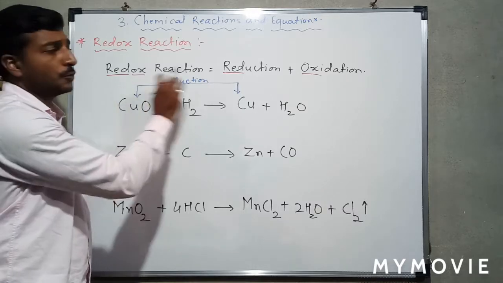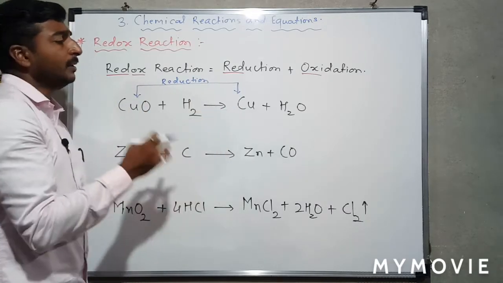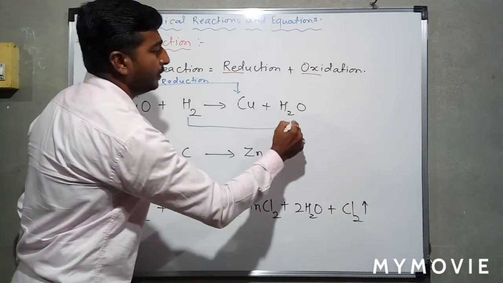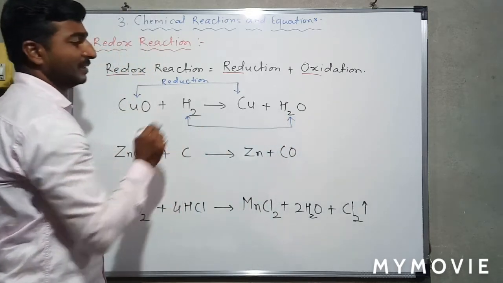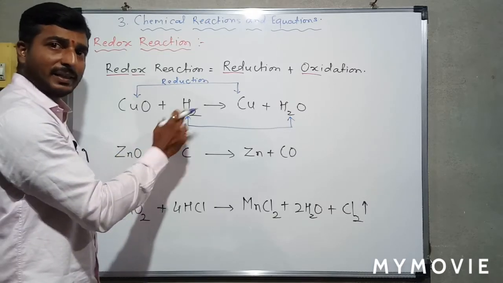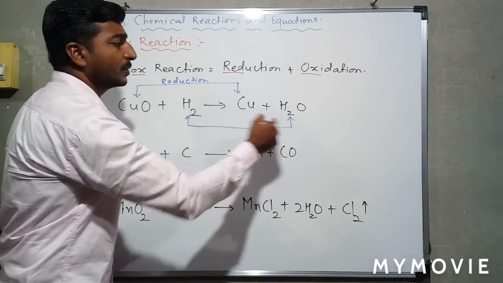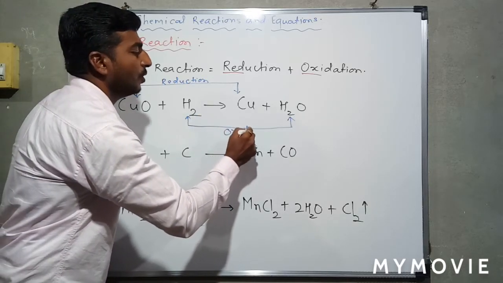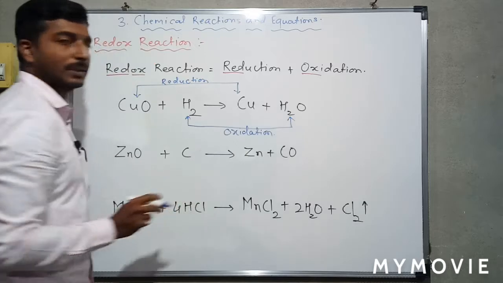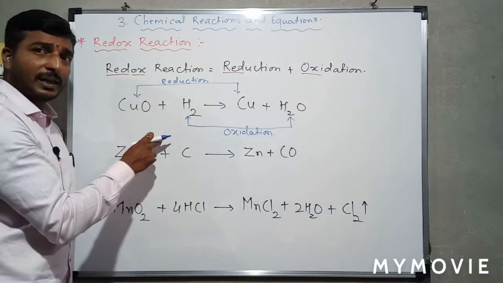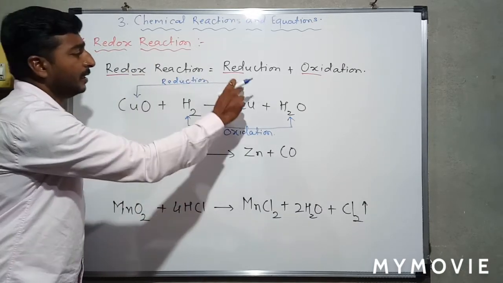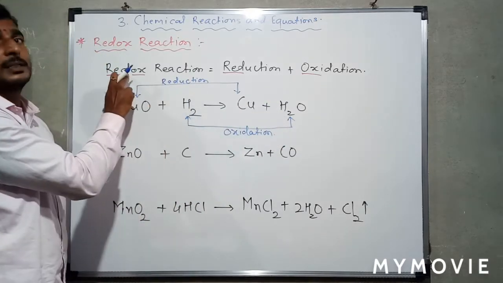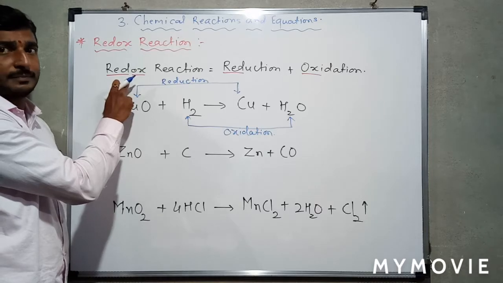Copper oxide gets reduced to form copper, and at the same time hydrogen is combining with the oxygen. So this hydrogen gets oxidized. You can see in the same reaction there is a reduction and oxidation. So this type of reaction is called a redox reaction.